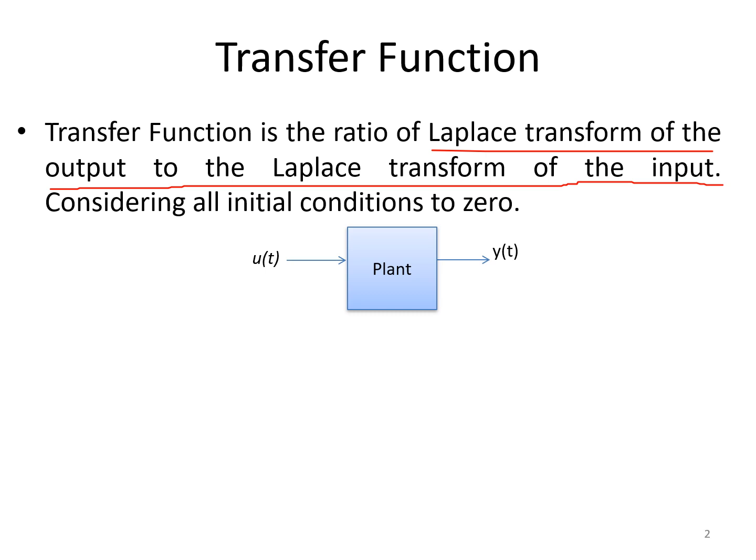Similarly, in the frequency domain, you can consider a transfer function as a ratio of the Fourier transform of the output to the Fourier transform of the input, considering all initial conditions to be 0.